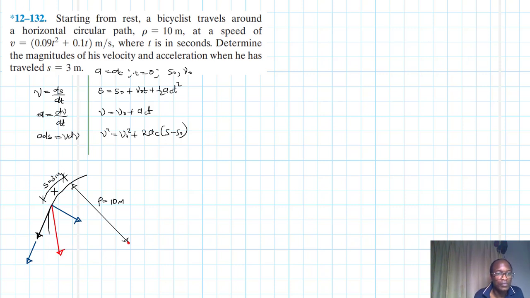This is our a. This is a_n, which is the normal or centripetal acceleration. This is the tangential acceleration, and then we have our velocity, which is just v_t. So let's say we want to find those values. Let me make this line a bit thicker. So this is the path.